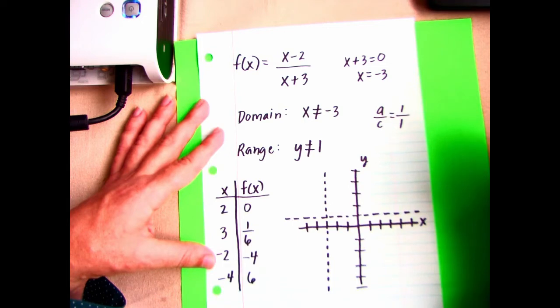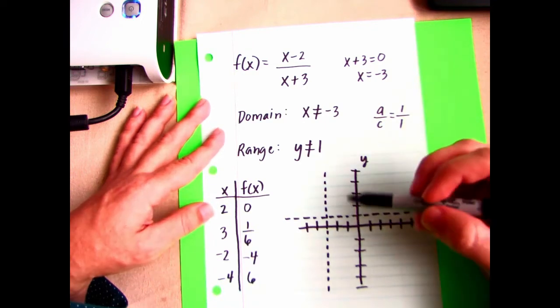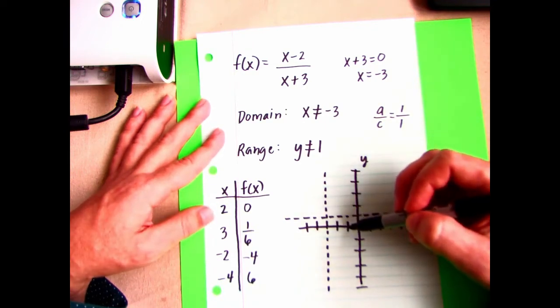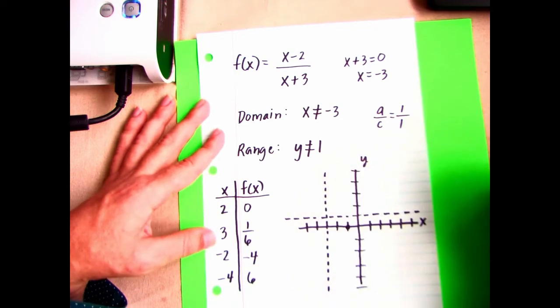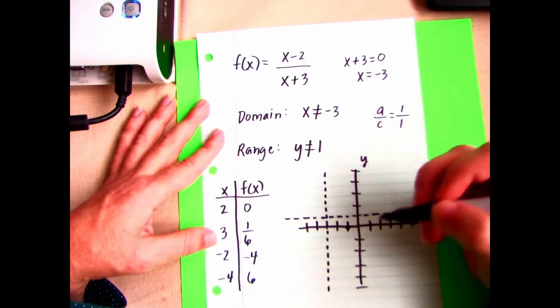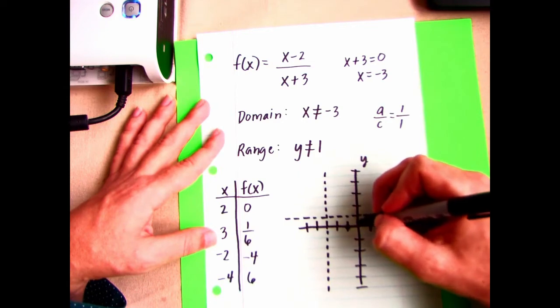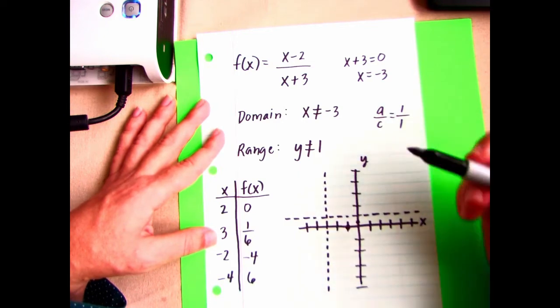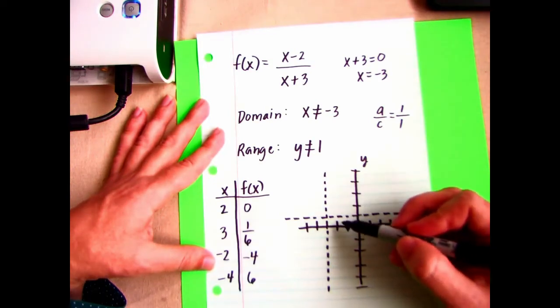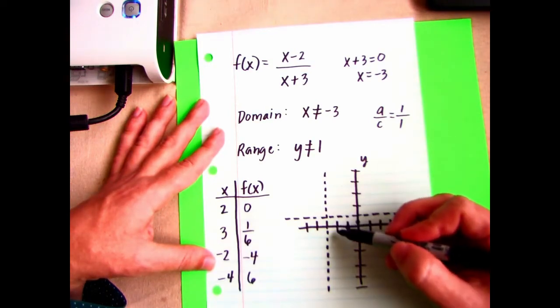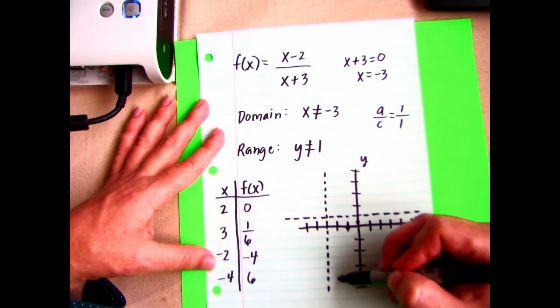Alright, so we have some points here to plot. Let's go ahead and plot those points. 2, 0, 3, 1/6. Negative 2, negative 4.